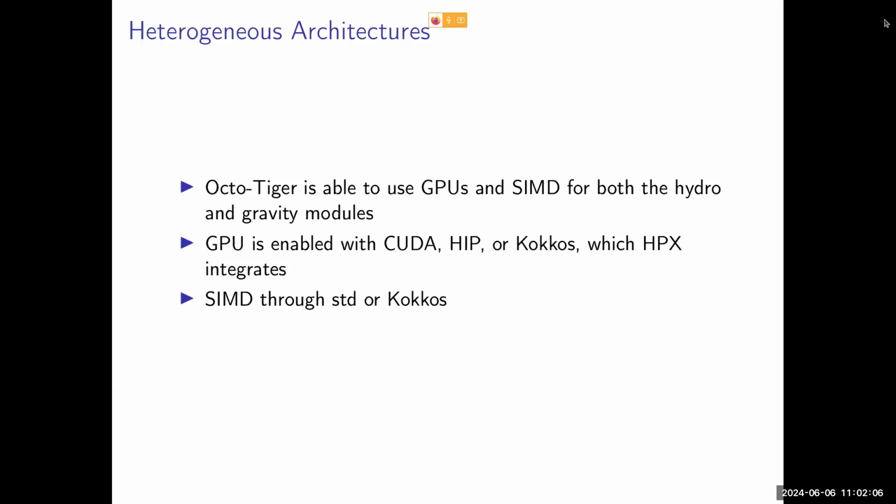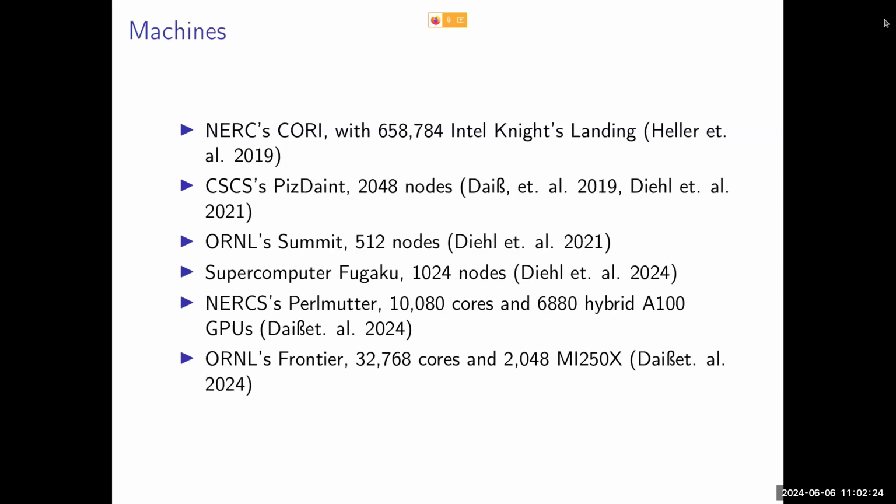Octo-Tiger has SIMD also for the hydro and gravity modules, and then HPX can also use Kokkos, which is a portable way to do GPU and SIMD. And these are some of the machines that we've run Octo-Tiger on.